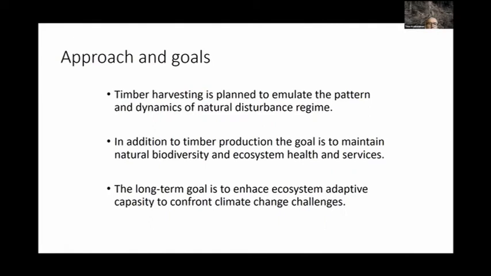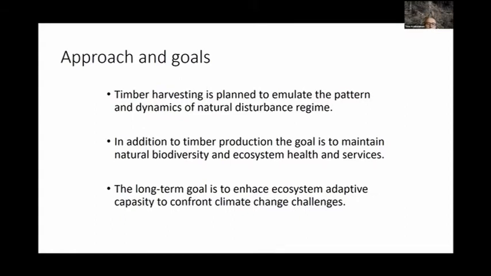So the basic approach, as was already mentioned, is that in timber harvesting, we plan it to emulate the pattern and dynamics of the natural disturbance regime. And it is important that in addition to timber production, the goal is to maintain natural biodiversity and ecosystem health and services.